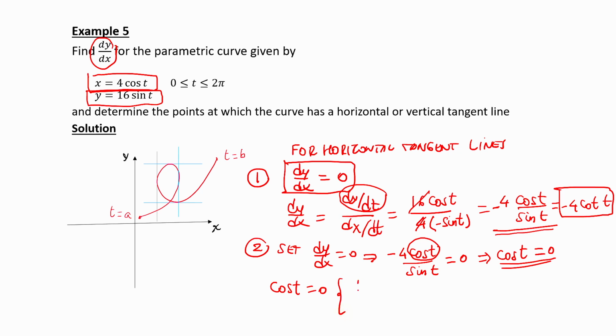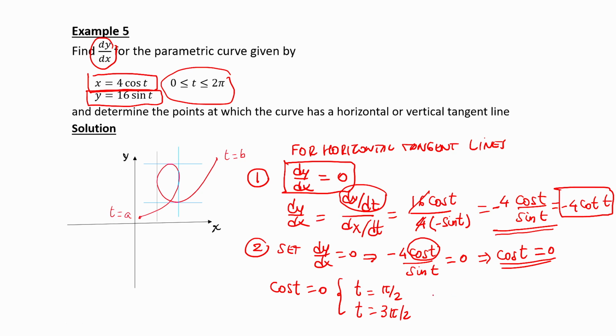That means that t equals pi over 2, or t equals 3 pi over 2. Now keep in mind that t, the parameter, is between 0 and 2 pi. So all that we need to find is the solution on this interval. So we have the solutions t equals pi over 2 and t equals 3 pi over 2.